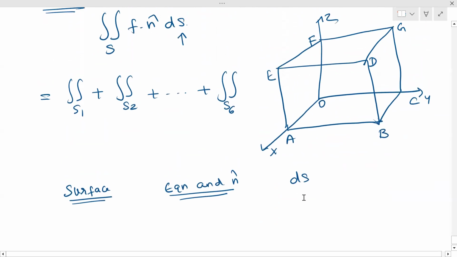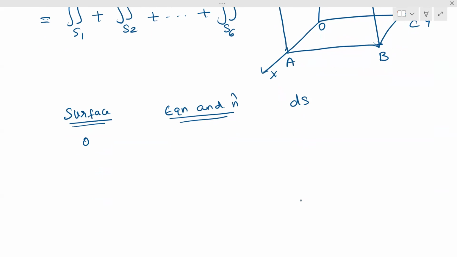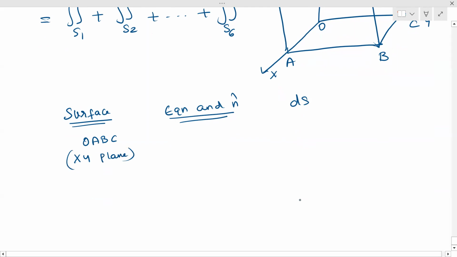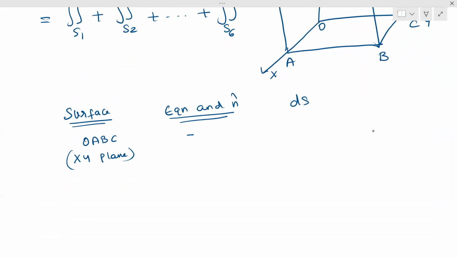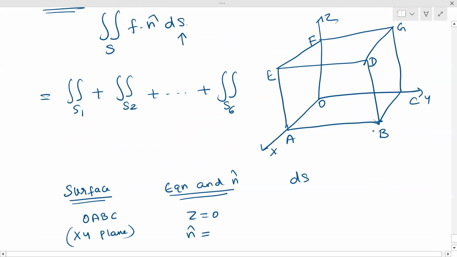Here, what is the xy plane? Here the xy plane is OABC. In the xy plane, we know which variable is 0. In the xy plane, z is 0. So z equal to 0. And what is the value of n cap? The unit outer normal vector is i cap, so the opposite side is minus i.